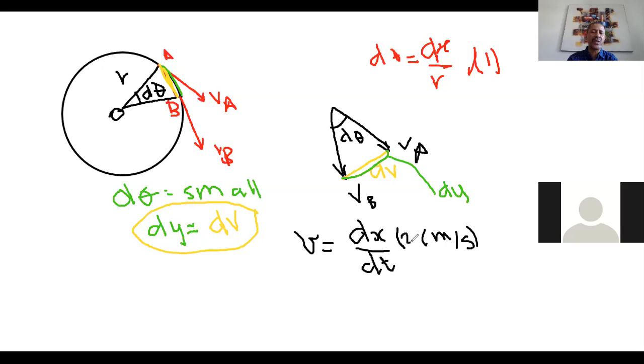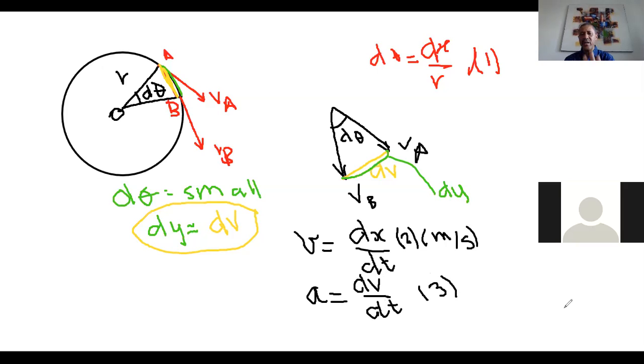That is our second equation. Then what is our third equation? We already said before, a equals dV divided by dt. That is our third.